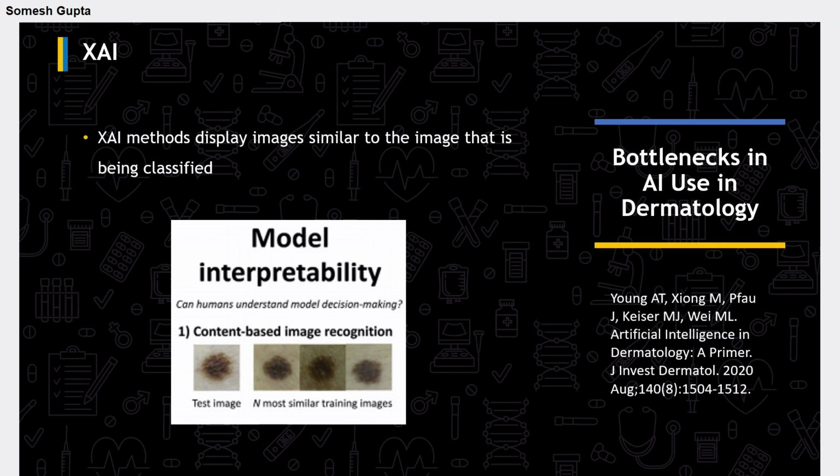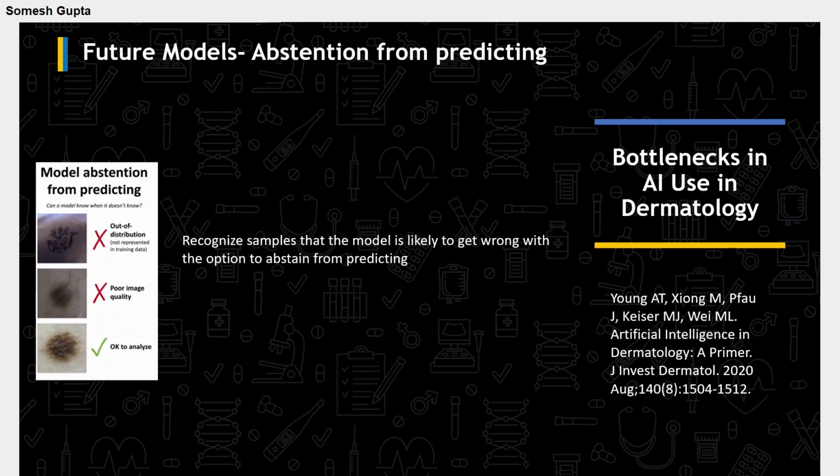I'm not going to go into this detail, but explainable AI is the need of the hour, because otherwise the confidence of physicians is difficult to bring in for most artificial intelligence based mobile or smartphone applications. Unless the application shows similar images of the condition for which the image was uploaded into the algorithm, there will be a lack of confidence in this.